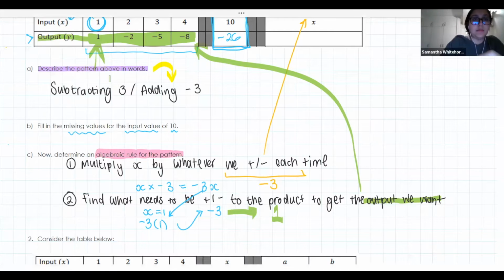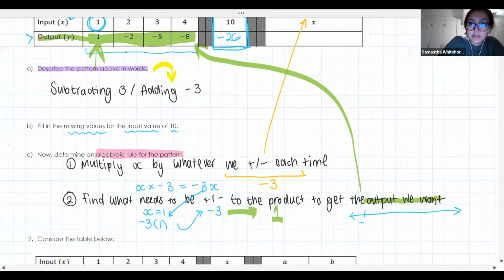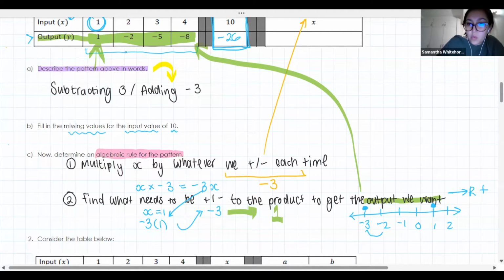Okay, well, let's think about our number line. So here I am at -3. I need to get to +1. Now, if I'm going to the right on my number line, I'm adding. So I'm going to add a certain number. 1, 2, 3, 4.